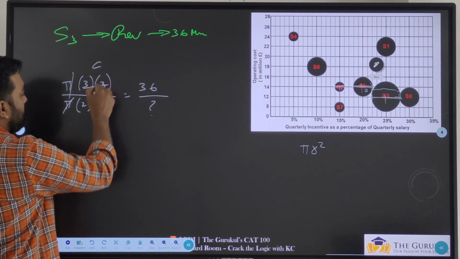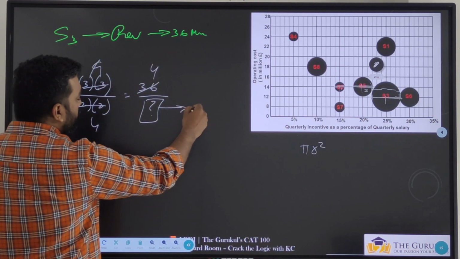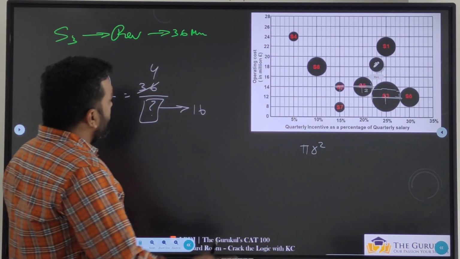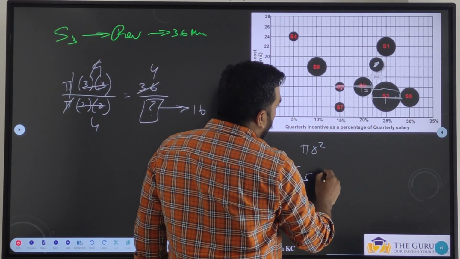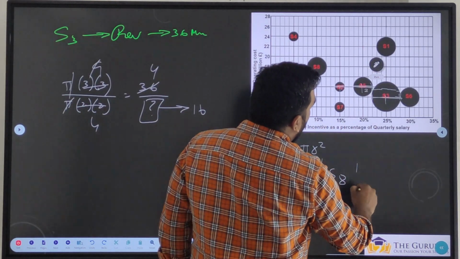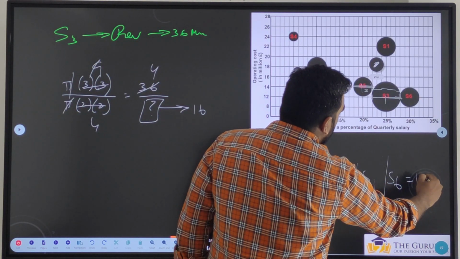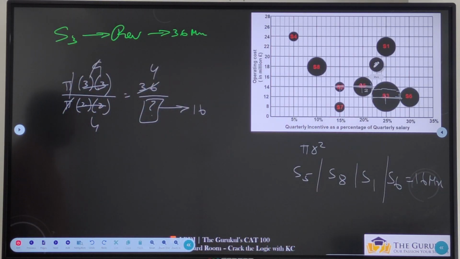Pi gets cancelled. This is 9 by 4, 9 fours. This value will be equal to 16. So the revenue of S5, S8, S1, S6 is equal to 16 million.